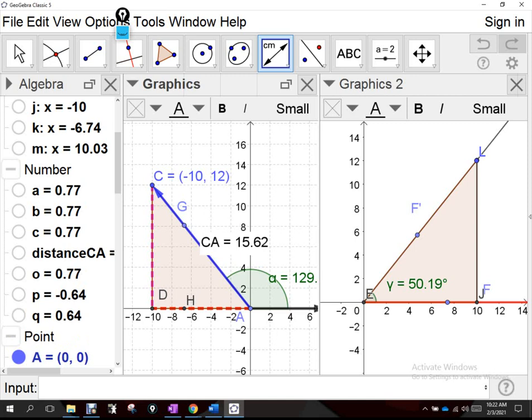So in the picture on the left with the 129 degrees, the way we're getting that negative 0.64 is it's taking the cosine, which is the x value of point C, which would be negative 10, and it's divided by 15.62. Well, on the first quadrant, on the right-hand side, it's taking the coordinate for L, which is 10 comma 12. So it's a positive x coordinate divided by 15.62. So positive divided by positive gives you a positive, right? Okay. Everything in the first quadrant will always be a positive divided by positive.